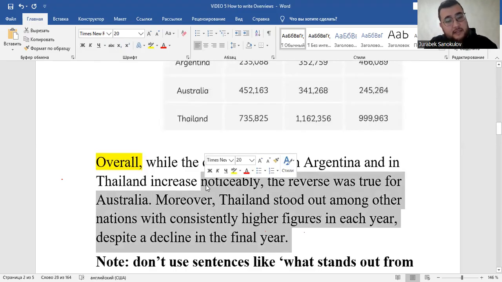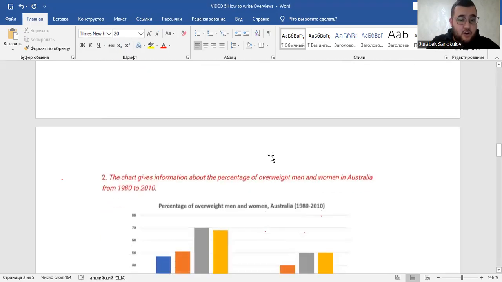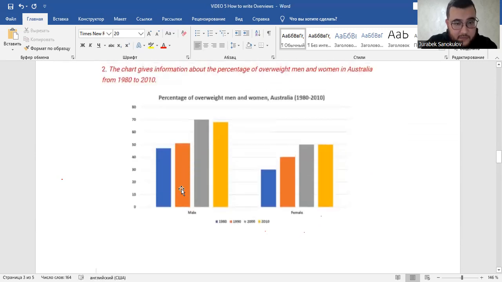Now, let's see another graph. Here we have the percentage of overweight men and women in Australia. So the general change is this: both numbers increased, right? And that's the first key feature.